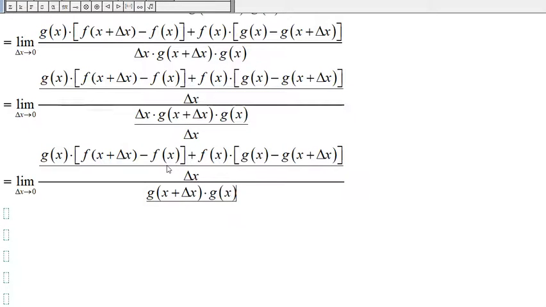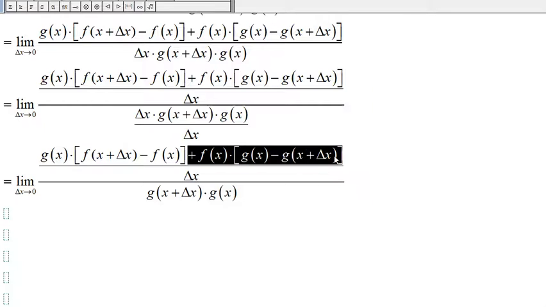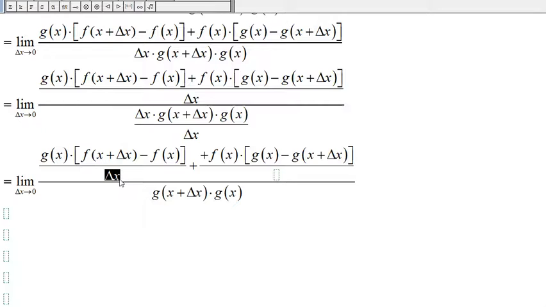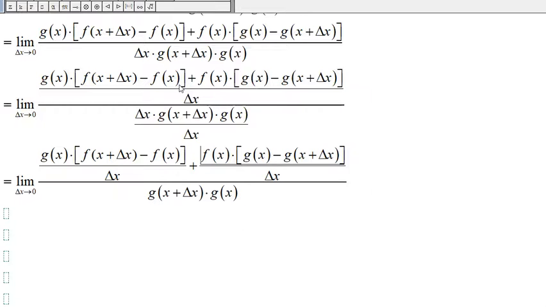And then the top, we're going to separate them. And then plus dividing by delta x. So here is this expression dividing by delta x plus this expression dividing by delta x, and then we just separate them into the first part dividing by delta x and the second part dividing by delta x.